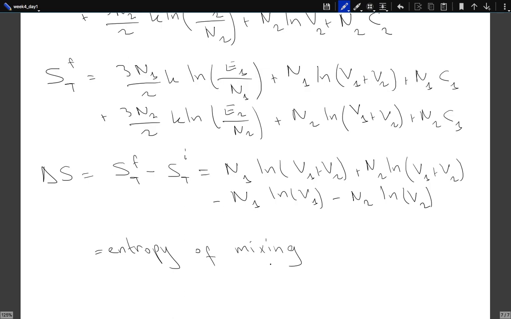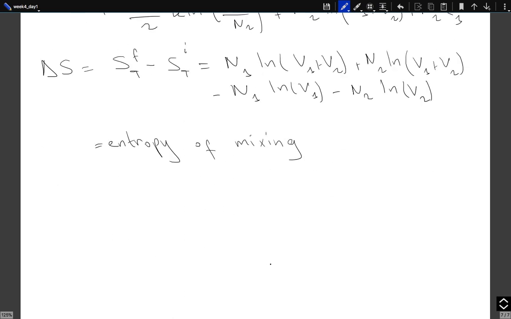But the problem is, what happens if the two compartments are made up of the same gas, the same temperature, etc.? They're identical. You remove the compartment, nothing changes. You put back the compartment, nothing changes. So in such a case, the entropy should not increase.